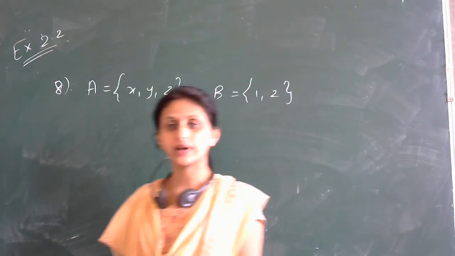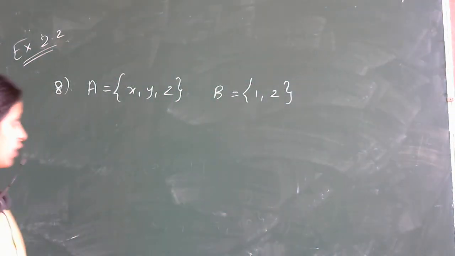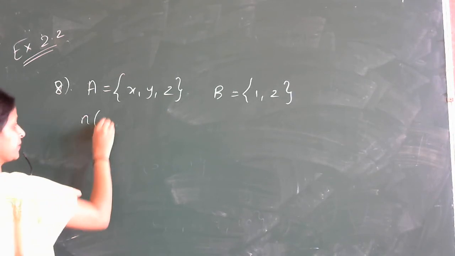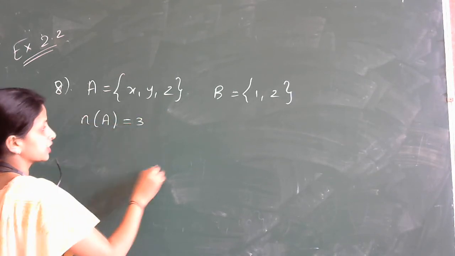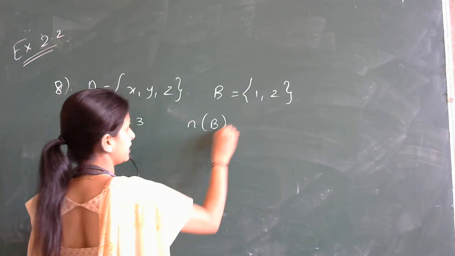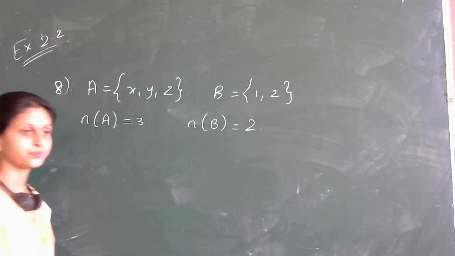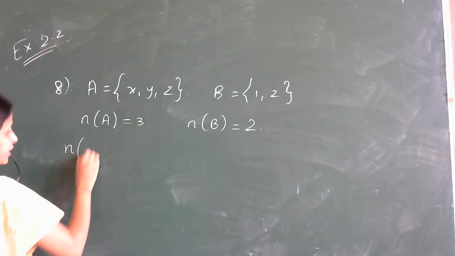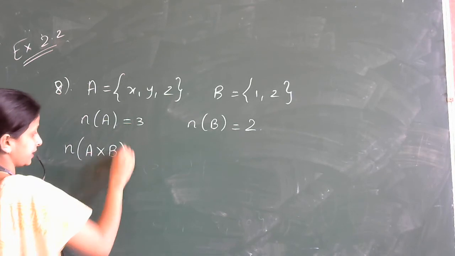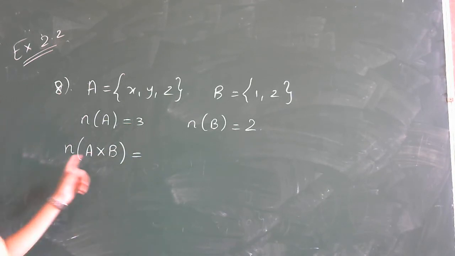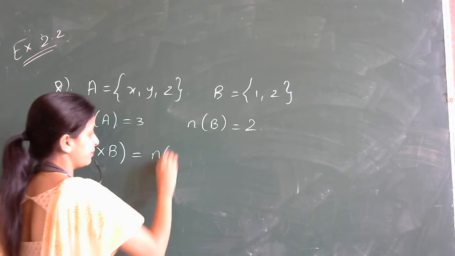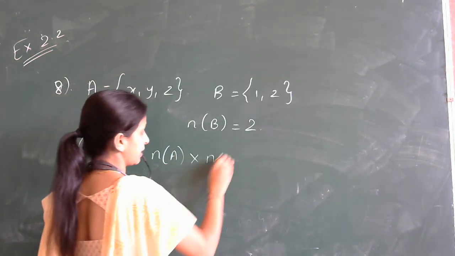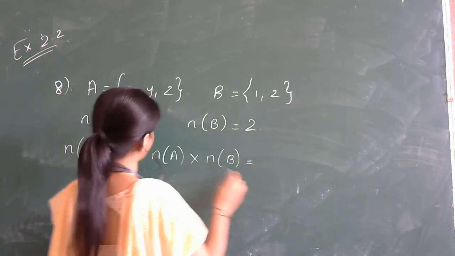See how we shall find, students. First of all, how many elements are there in my set A? The number of elements in A Cartesian B will be the number of elements in A into the number of elements in B. So that is 3 twos are 6.